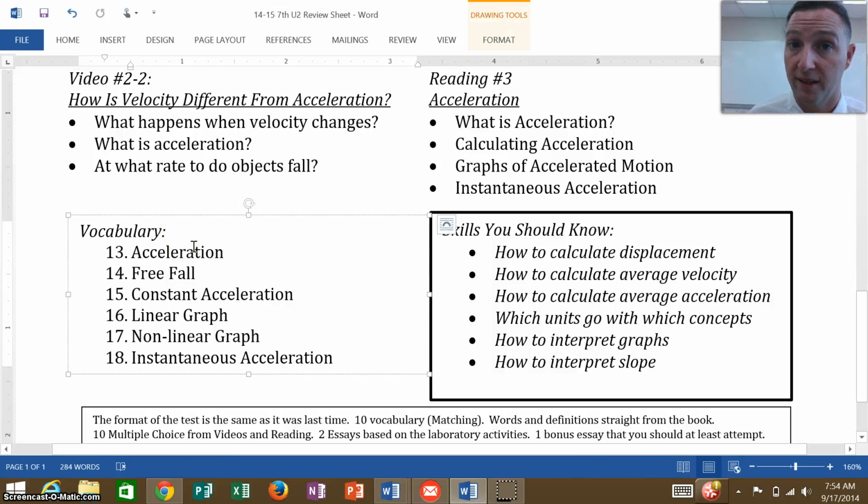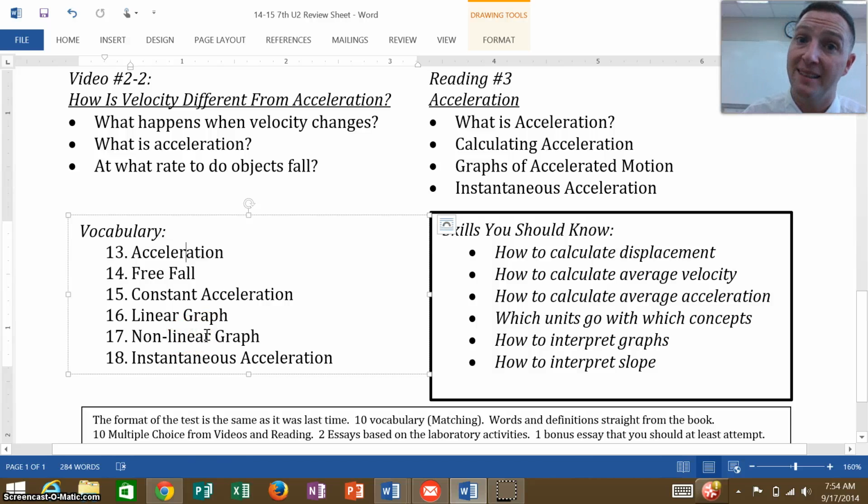Vocabulary. You need to know what acceleration is. We just defined it. What free fall is. Just did that. Constant acceleration is when the rate of change in my velocity is the same during each time period. Linear graphs is where the slope is a perfectly straight line. Nonlinear is where the slope is curved.